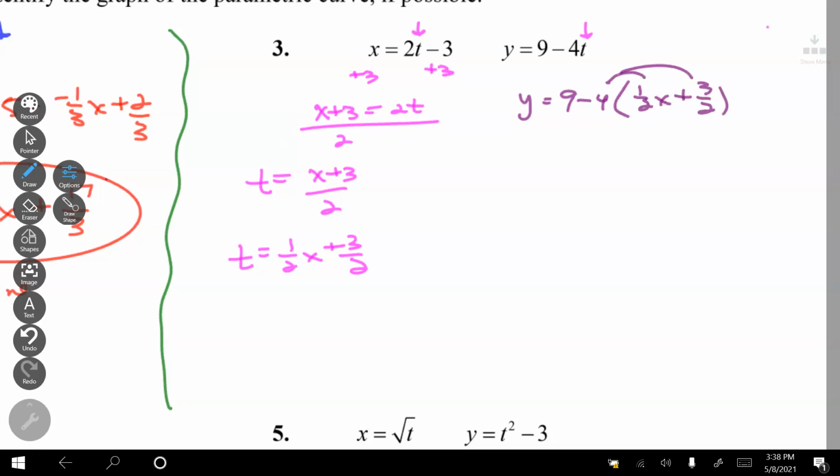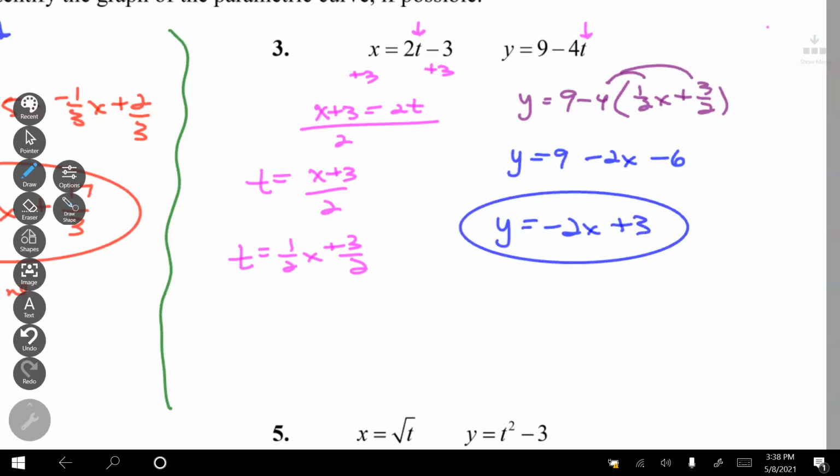I could distribute a little bit. y equals 9 minus 2x minus 6. And when I clean it all up, I get negative 2x plus 3. Again, I'm pretty sure that is a linear equation.